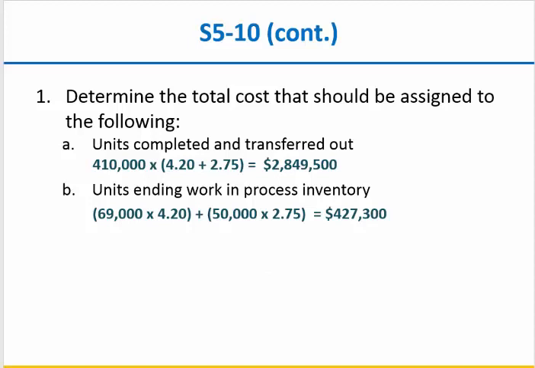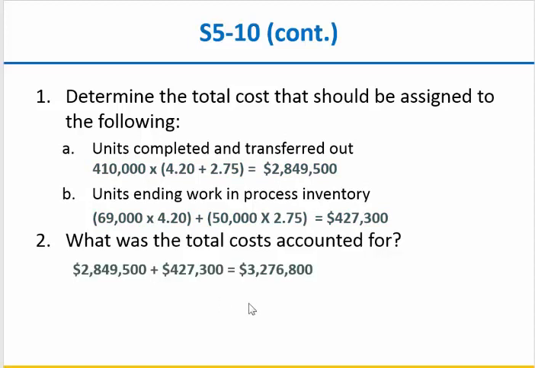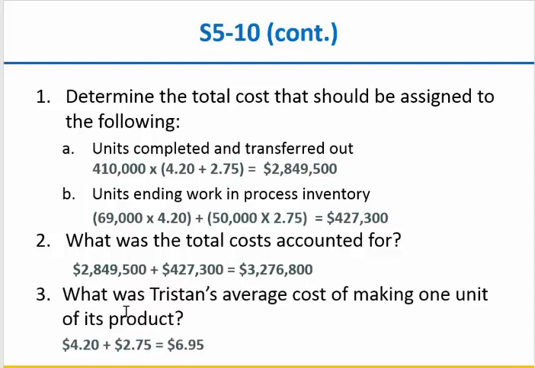Part 2 says what was the total cost accounted for, and in this case, all you have to do is add units completed and transferred out and units in ending work in process inventory, this cost, to end up with the total cost accounted for, which is $3,276,800.